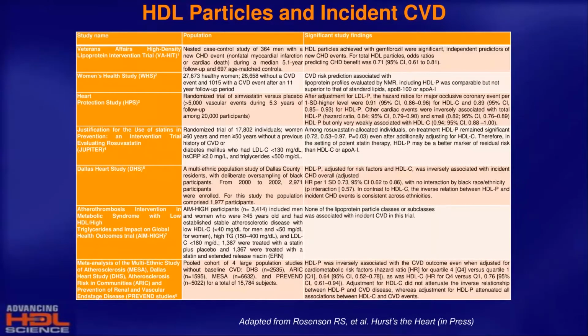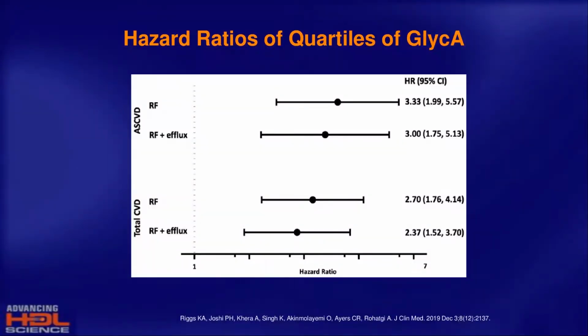And what this table shows is that HDL particle concentration, reflecting the total number of HDL particles, regardless of their size, is a better biomarker of risk than is the cholesterol carried in the HDL particle. And most studies show it's better than apolipoprotein A1. Of course, apolipoprotein A1 varies based on the size of the HDL particle, with either 2 to 5 apolipoprotein A1s per HDL particle. So it's variable and highly correlated with the size of the HDL particle.